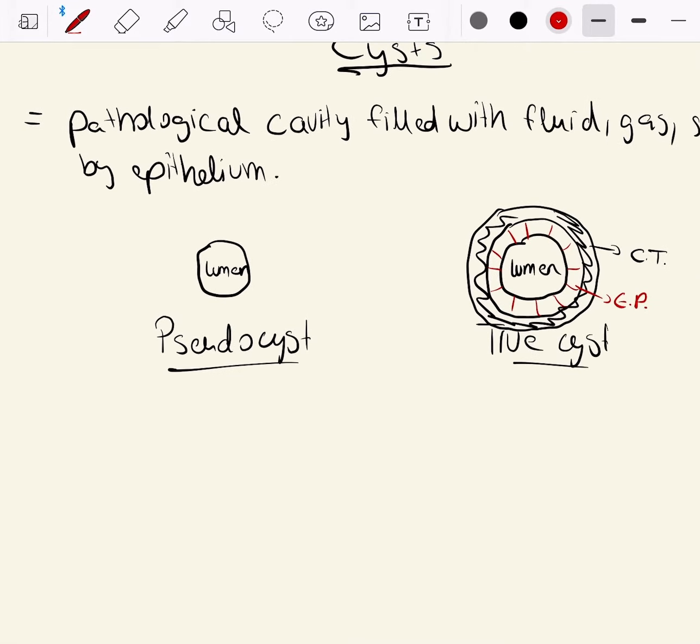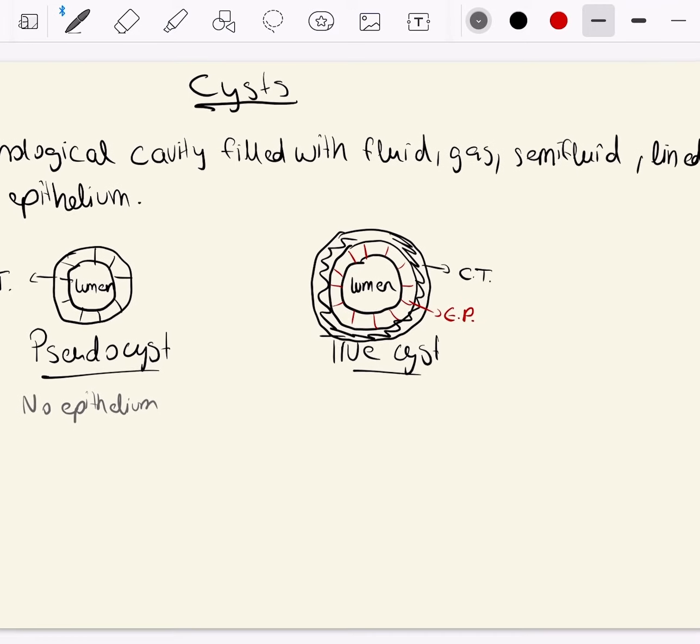So, pseudocysts only have connective tissue. It is not surrounded by epithelium, so we can say no epithelium here. And the true cyst does have epithelium, but we have different kinds of cysts according to the type of epithelium.